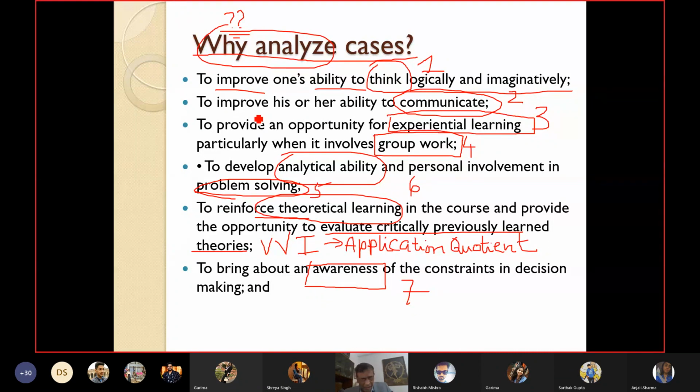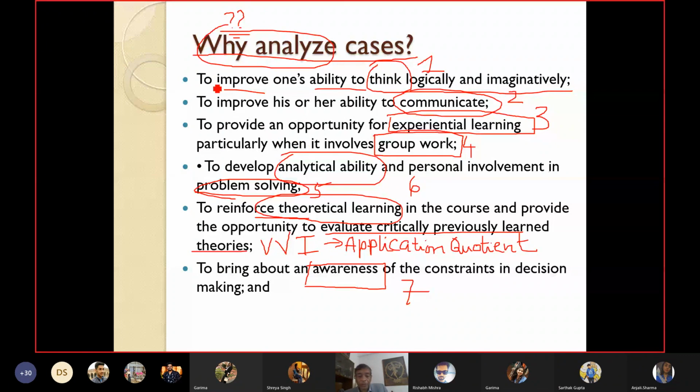And next, it provides a ground for application of theoretical models, what you've learned in MBA in real life situations, and it brings you awareness of the constraints in decision making. So you think better, you communicate better, you learn better, there is solid group work, you come out with solutions, there's an application element involved in that.